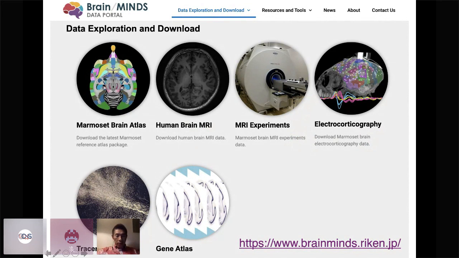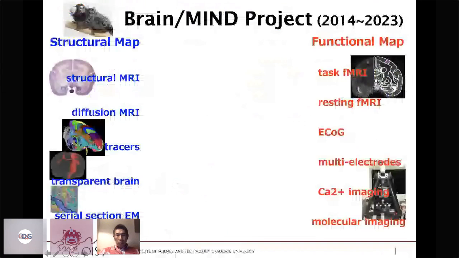We also have gene expression data as well. So this project is going to get many different data about the structure of the brain and also the function or activities of the brain.